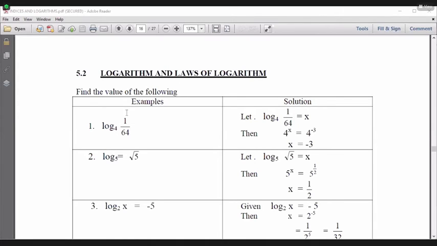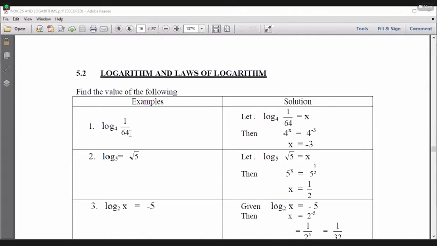If I don't use this method, because this is now by equating the indices, I can still go without forming the equation by writing first step: log to base 4 of 1 over 64. This second stage, 64, we have said is the same as 4 cubed.